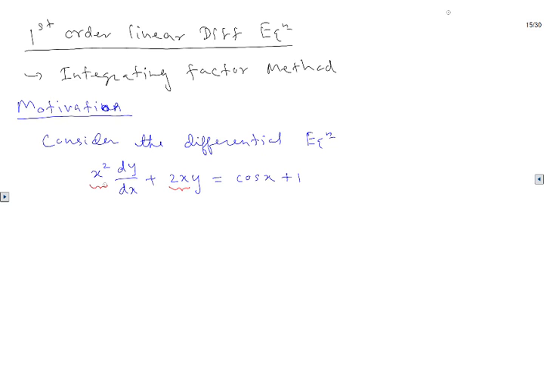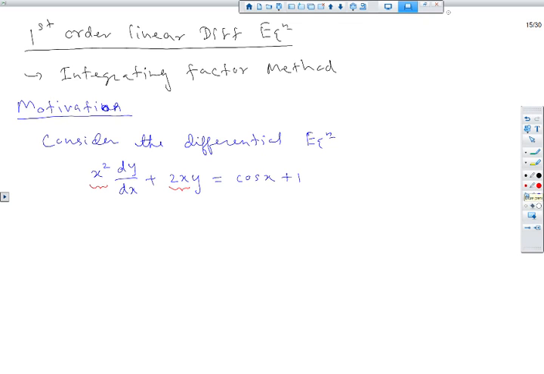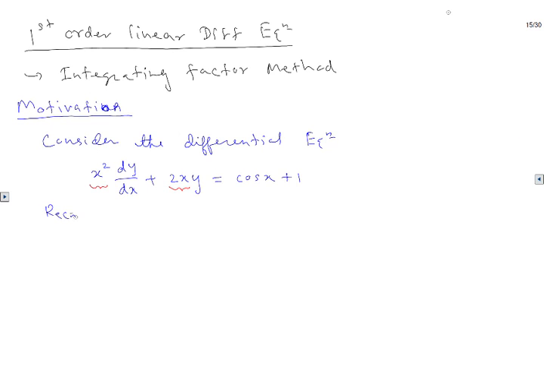Now this is what we can notice, from the product rule. Recalling the product rule, the derivative of the product uv is uv' plus vu'.